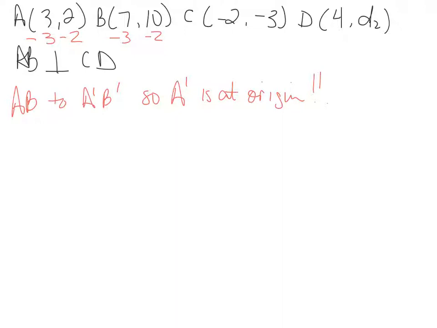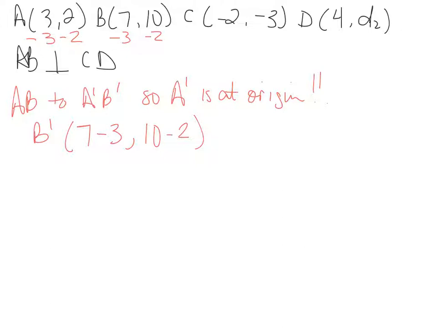So that gives me B prime as 7 minus 3 is 4, 10 minus 2 is 8. Okay, let's actually write it out though. 7 minus 3 and 10 minus 2.